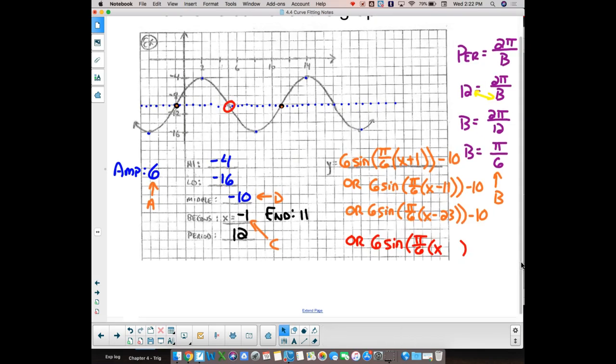Sorry, my pen, all of a sudden the smartboard stopped. Whoops, see? Smartboard stopped. What changes if I start at the red circle? No, I'm still starting in the middle. So it's still a sine. So what needs to change?